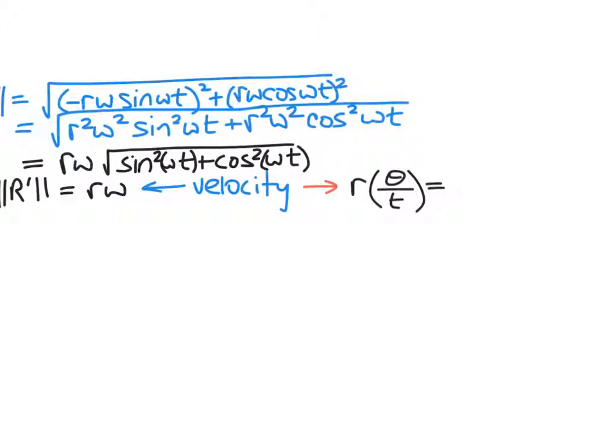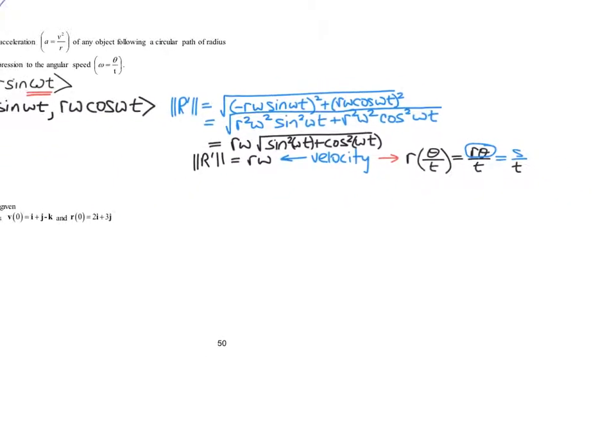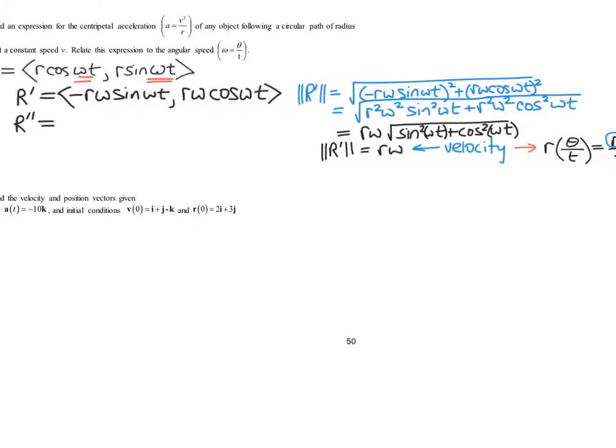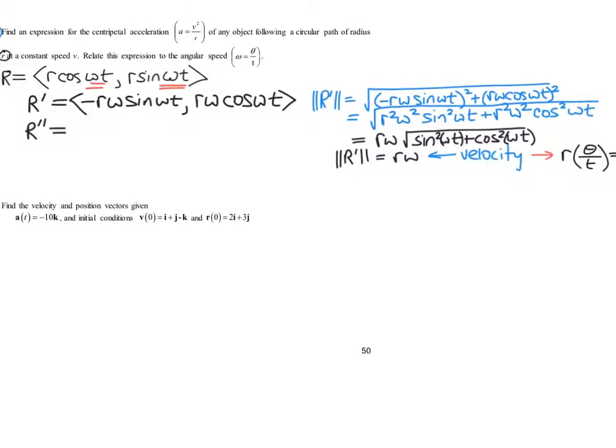you get a relationship of R theta over t, and R theta is the arc length. S equals R theta. So you get S over t. That's why I was emphasizing before that S represents the distance, because when we're talking about velocity, we're talking about distance over time, right?